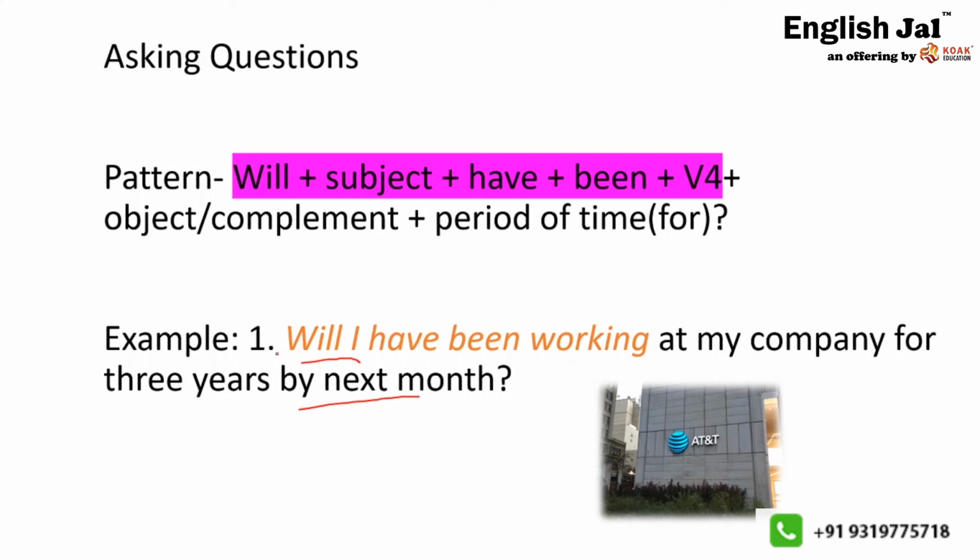But here it is, will I have been working at my company for 3 years by next month? It's a question I'm asking. I am not sure about it, so I'm asking a question. Okay, so this is how you use while asking questions.